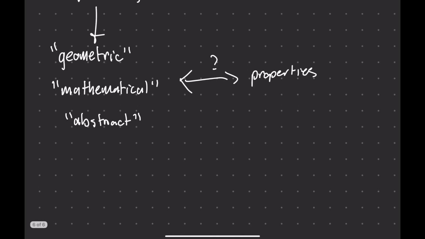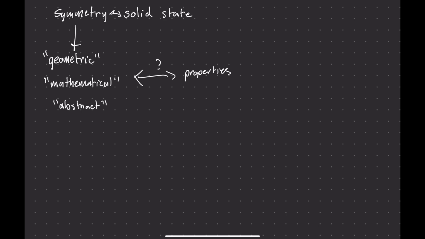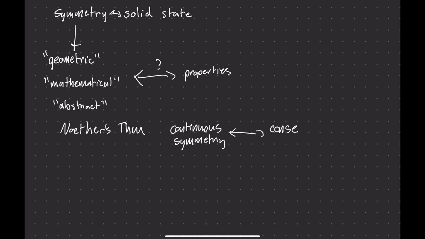But probably the most famous connection between physical sciences and symmetry is Noether's theorem. Noether's theorem says that if your system has some sort of continuous symmetry, there is going to be some corresponding conservation law.